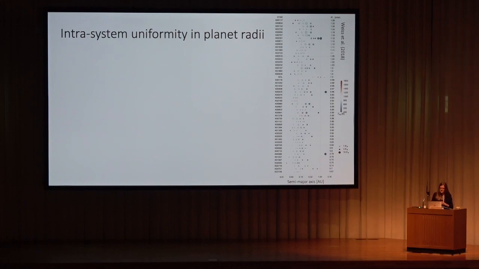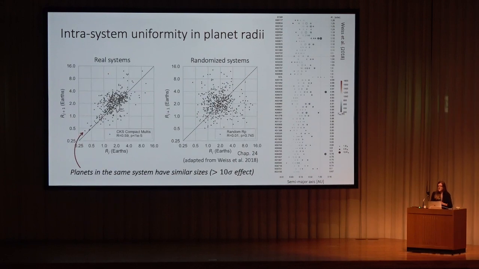the population. We can see this in another way if we plot the relationship between the radii of adjacent transiting planets. So this plot accounts for the difficulty of detecting planets in that planet pairs are only included if they pass sort of a swap test in which the planets would both be detected if they swapped positions. So we can see a high degree of correlation.